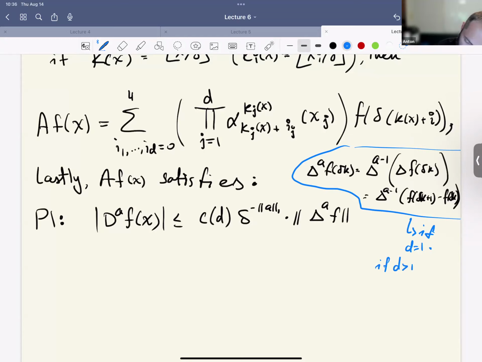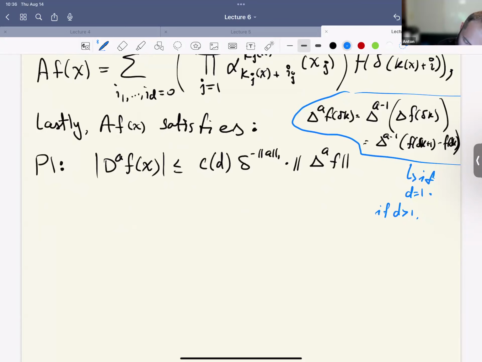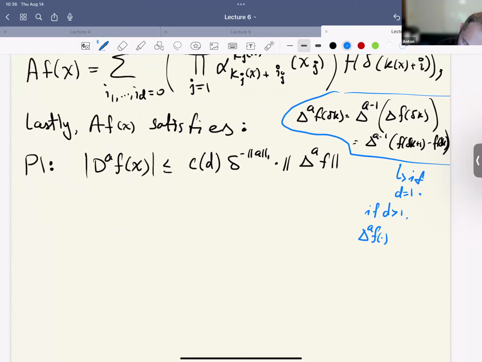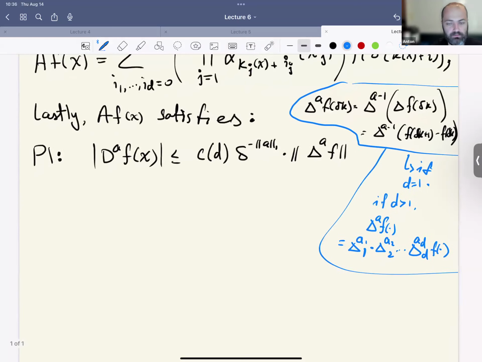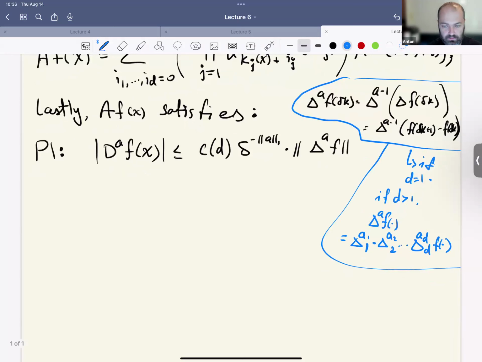If the dimension is bigger than 1, we say delta is the difference along the first dimension, the difference along the second dimension, and the difference along the final dimension. I haven't written this down anywhere in last lecture's notes, so here it is.